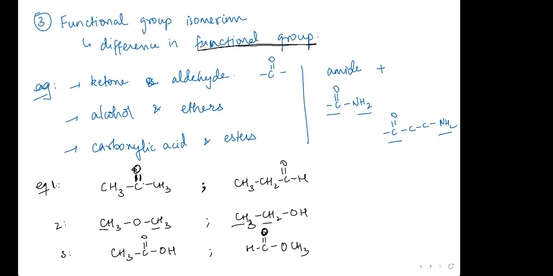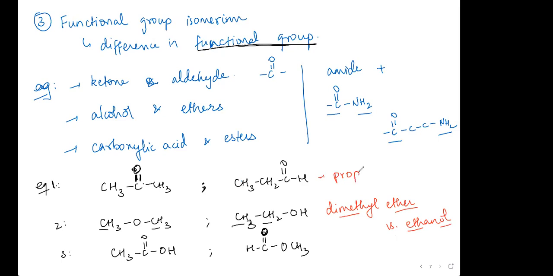So if you want to compare IUPAC names, then the suffix part of it will be different. So you have dimethyl ether versus ethanol. So dimethyl है, eth है, ether है, OL है. Or you can look at this one.